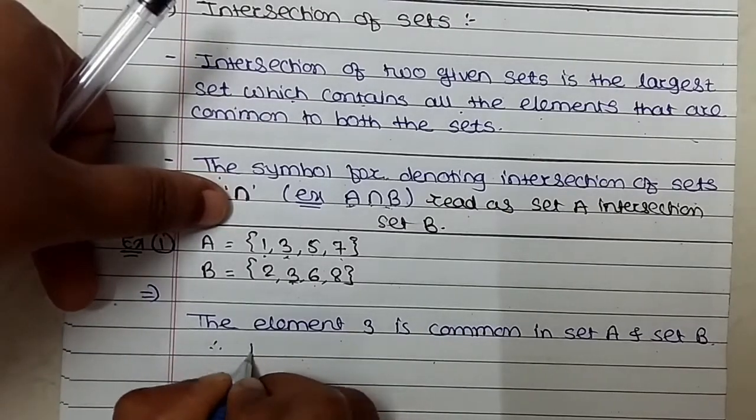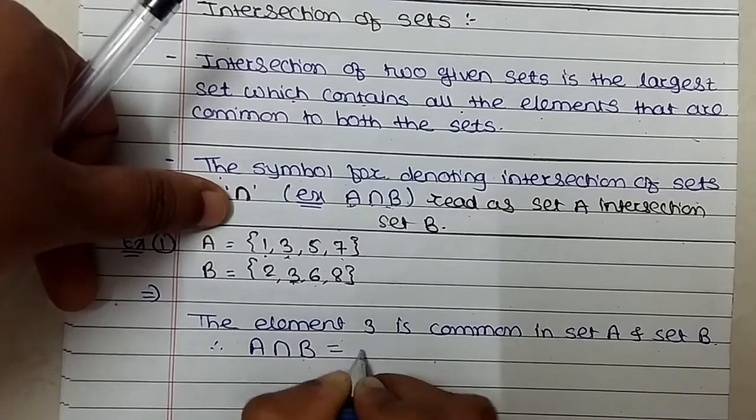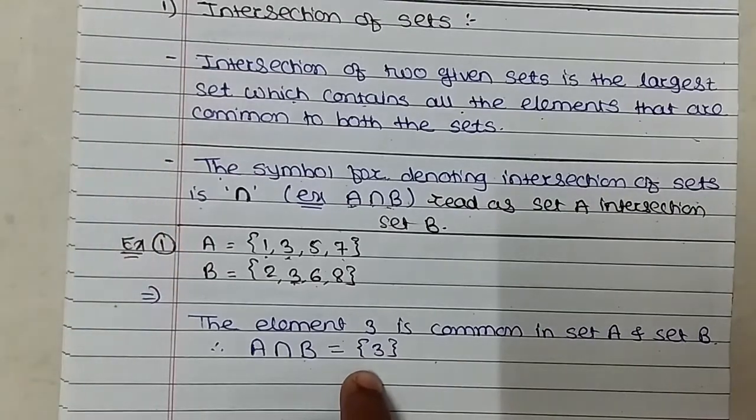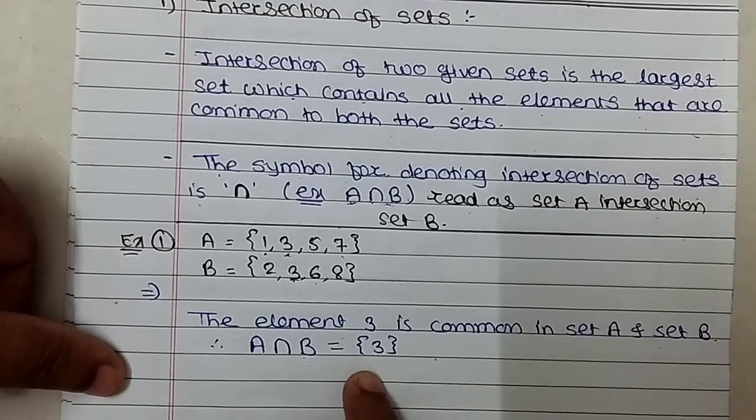This symbol is used here. A intersection B is equal to {3}, because 3 is the only common element in the intersection. Understand this one? Next.